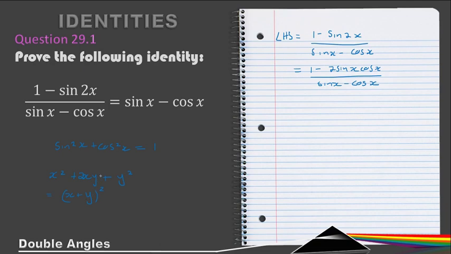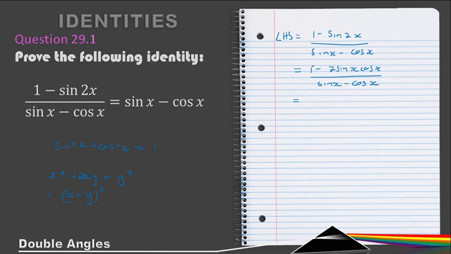So I can already kind of see what's going to happen if I replace 1 with this, and sine represents x and cos represents y. It looks like we already have that middle term as well. And this sine x minus cos x kind of represents this. So let's see if we replace this 1.